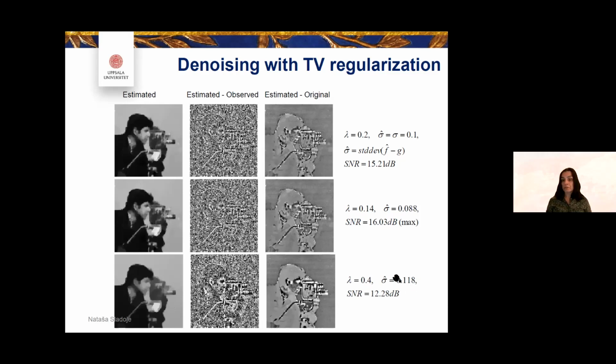Sigma, however, is still close or equally close to what we had estimated when we were very happy with the signal to noise ratio. However, we see here that our removed noise contains much more structure than, for example, what we have here.